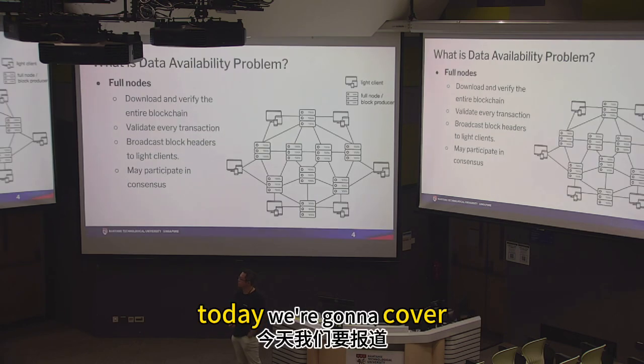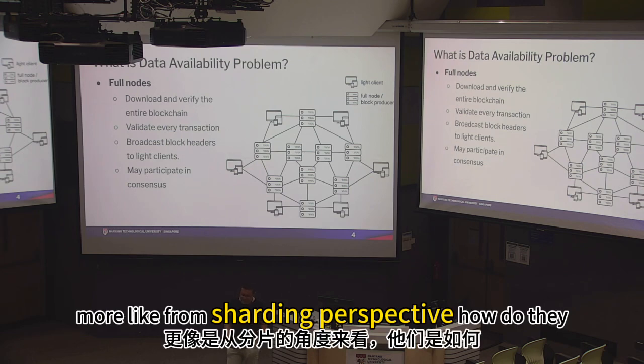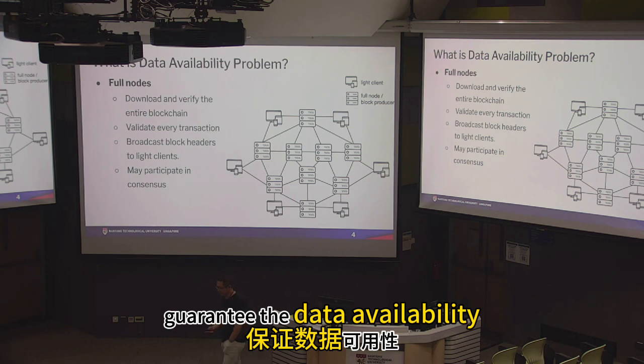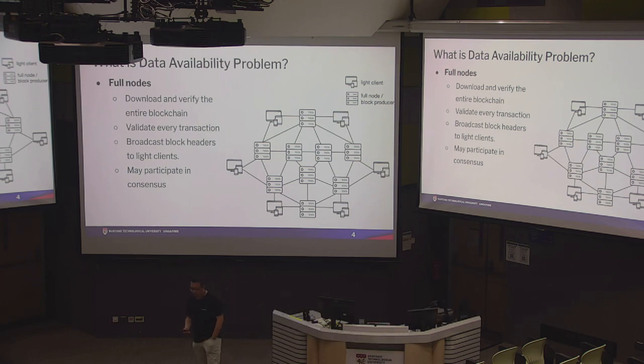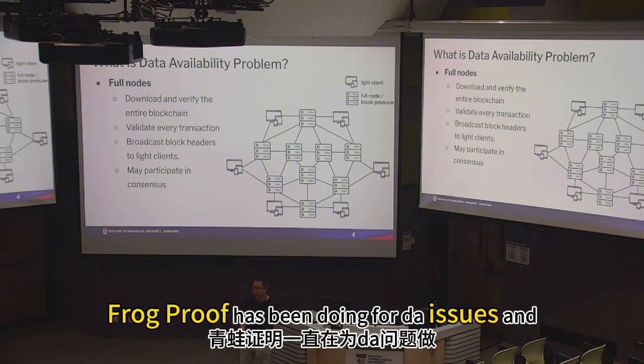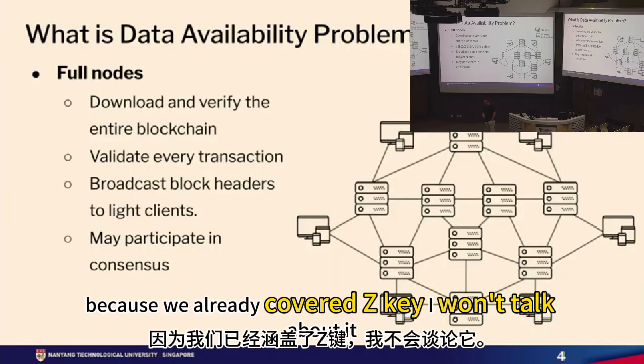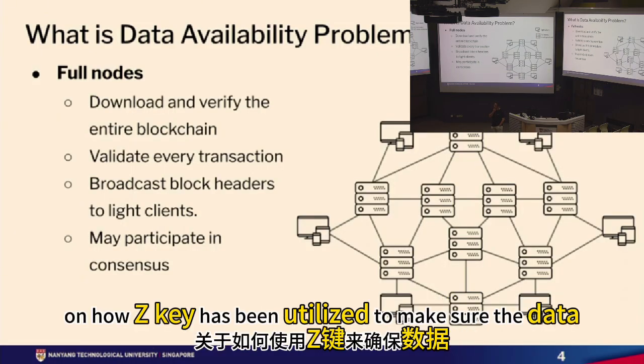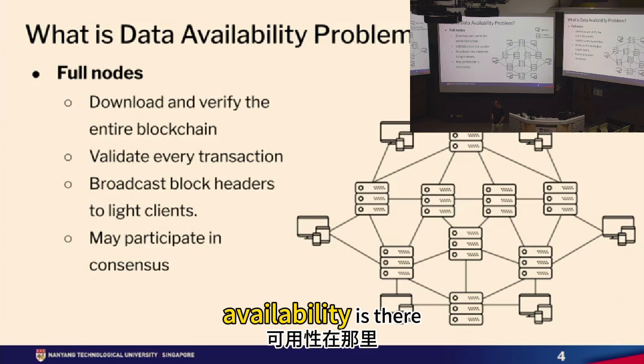Today we're going to cover, from a sharding perspective, how they guarantee the data availability, and we will briefly talk about how fraud proof has been used for DA issues. Because we already covered ZK, I won't talk about it in depth, but we will discuss how ZK has been utilized to make sure the data availability is there.